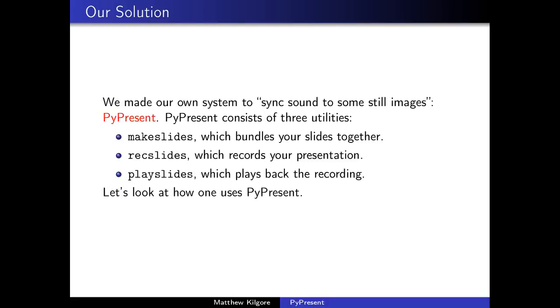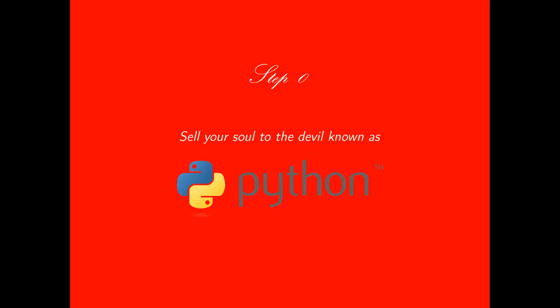This gives us an entirely different workflow, which is a bit easier to use, at least in theory. The first step is Step 0. Sell your soul to the devil, known as Python. Put in less apocalyptic terms, get your dependencies in order.